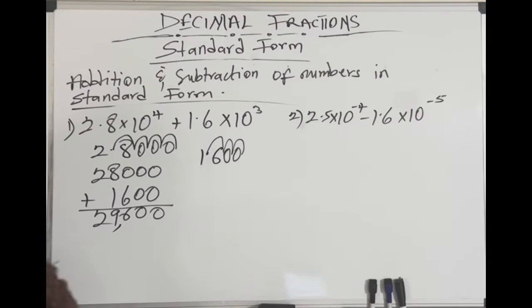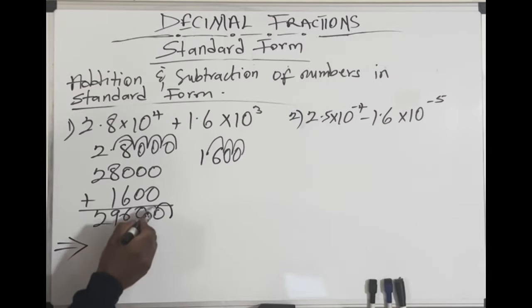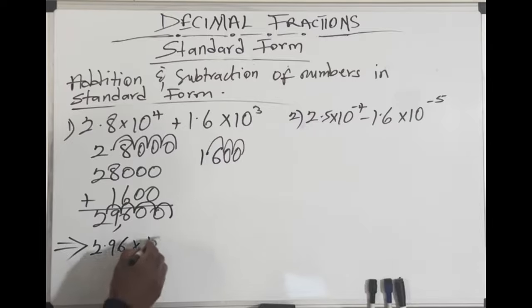Okay, so for a final answer in a standard form, we move back. The decimal point will be here. So 1, 2, 3, 4. So 2.96 times 10. How many times did we move? 4. So this will be the final answer.